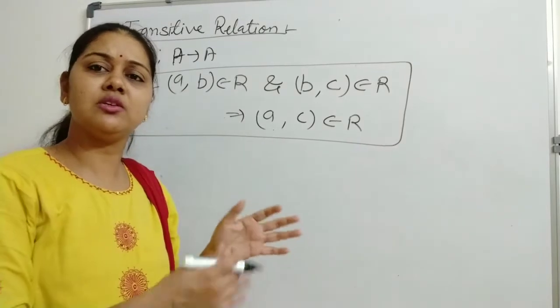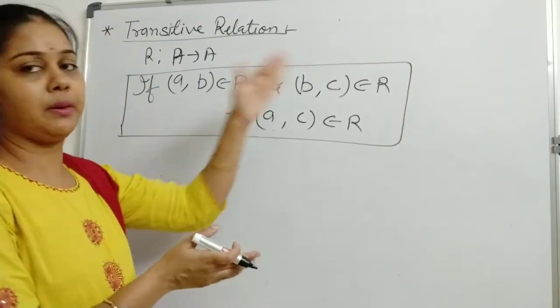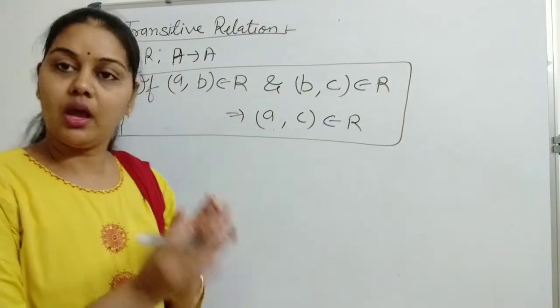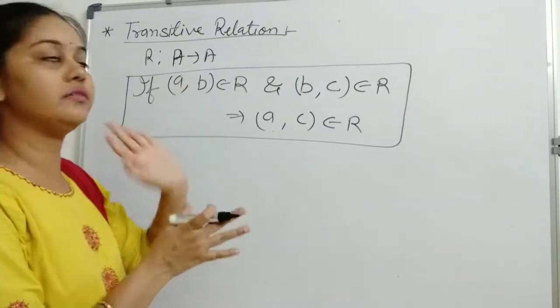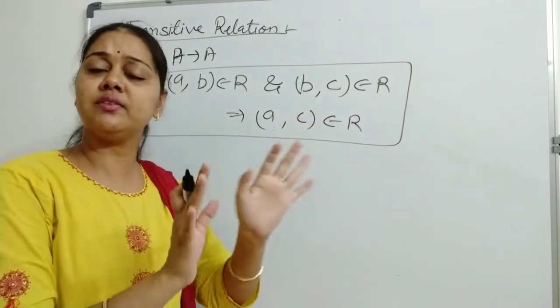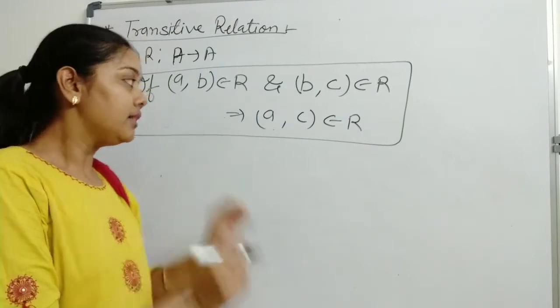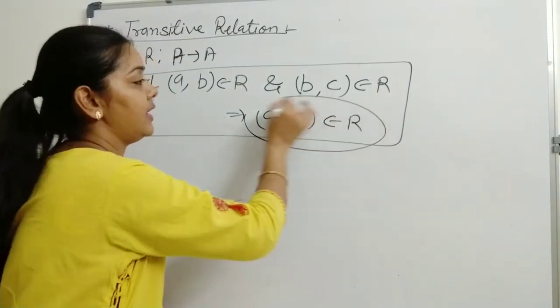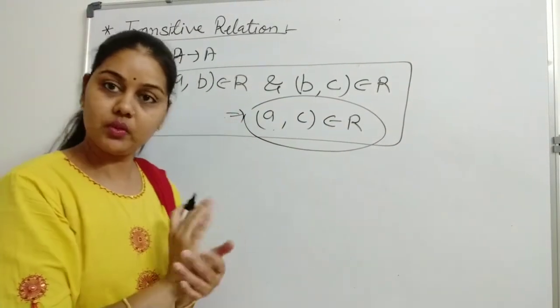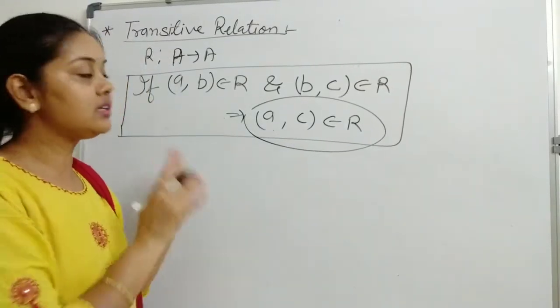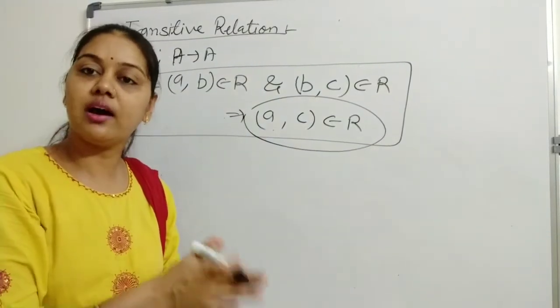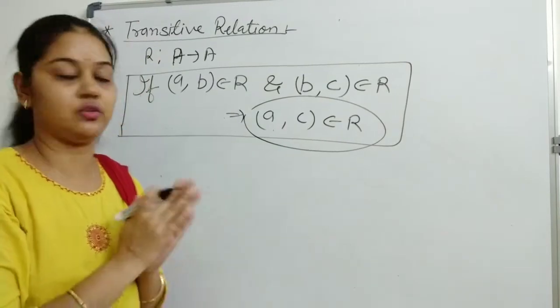If suppose there is no such element B related with C, I have only A related with B and B is not related with any other element, then we need not satisfy this condition. Then such kinds of relations are called transitive relations.